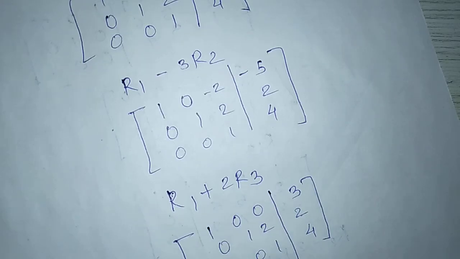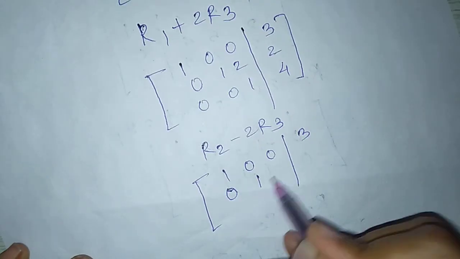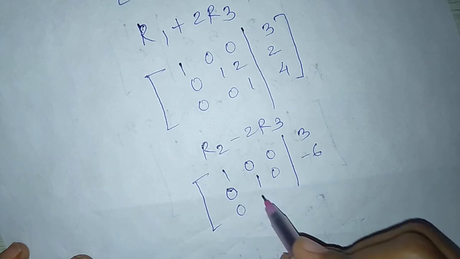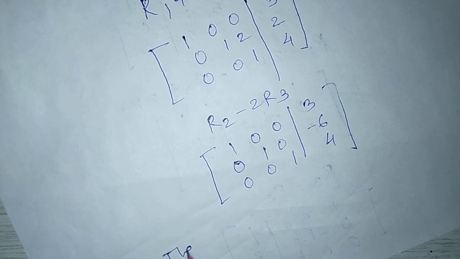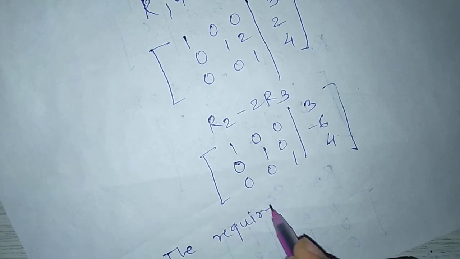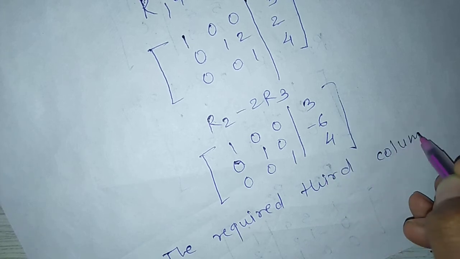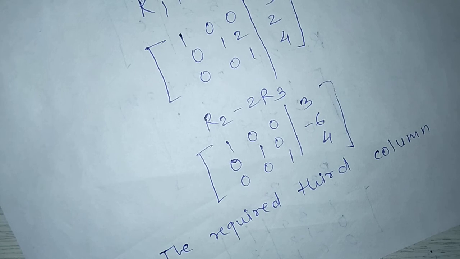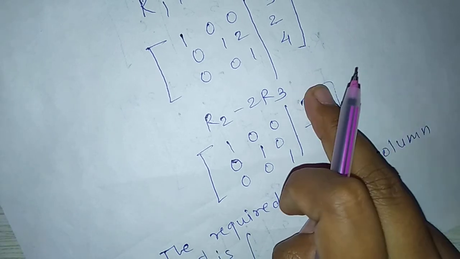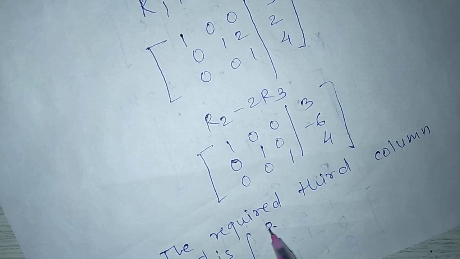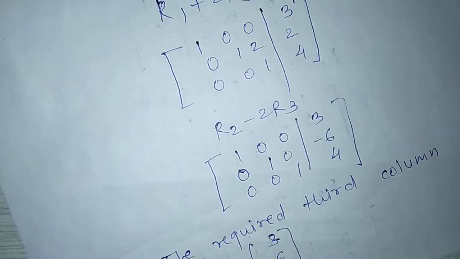Next, R2 minus 2R3, we get 1 0 0 3, 0 1 0 minus 6, 0 0 1 4. Therefore, the required third column of A inverse is nothing but 3 minus 6 4.